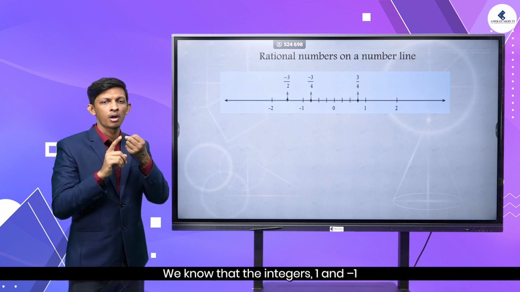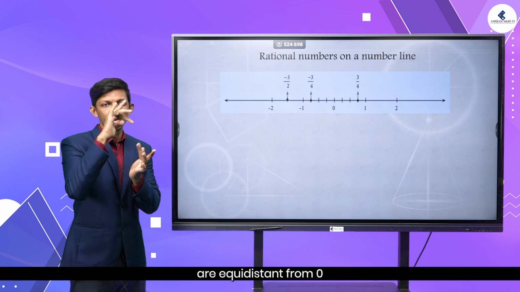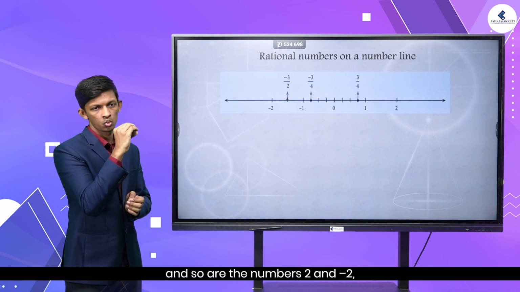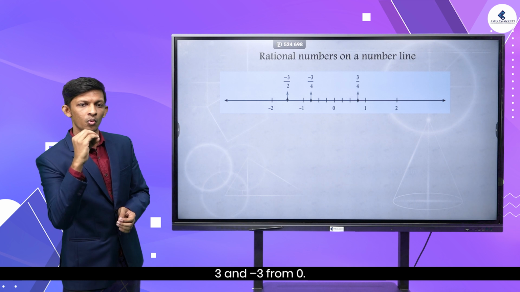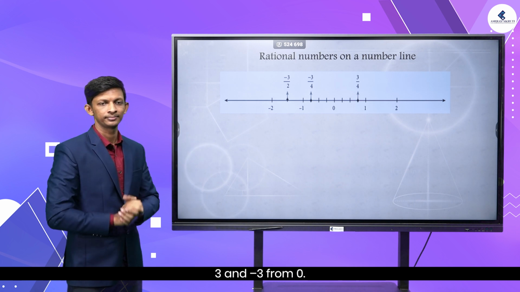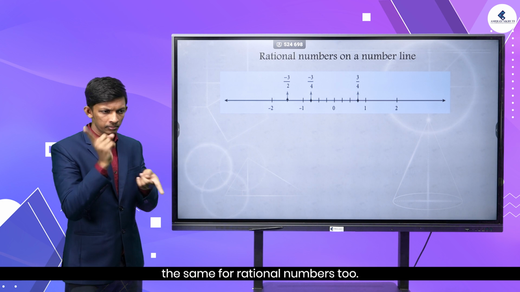We know that the integers 1 and minus 1 are equidistant from 0, and so are the numbers 2 and minus 2, 3 and minus 3 from 0. This concept remains the same for rational numbers too.